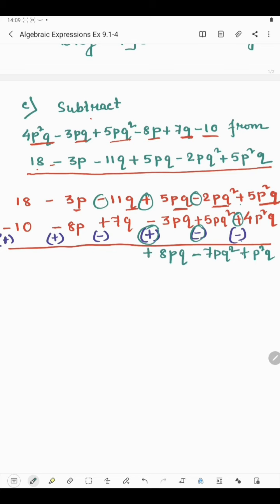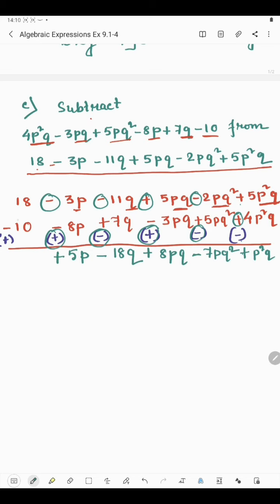Now here both have a minus sign, so minus minus plus, so 11 plus 7 is 18q, and both the digits are negative, so here it will be negative. Next we have plus and minus, so plus minus minus, so 8 minus 3 is 5p, and here 8 is greater than 3 and the sign of 8 is positive, so it will be positive.